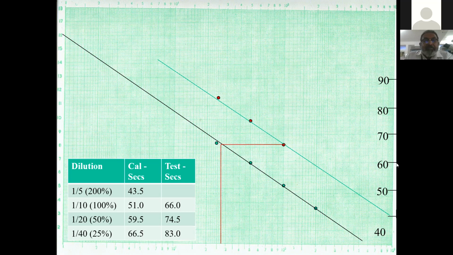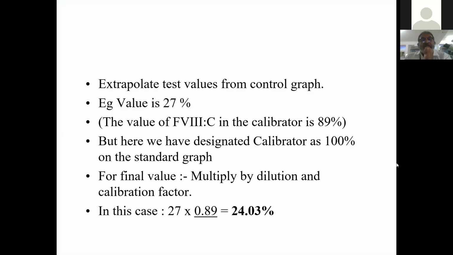But that is not enough because now you'll have to go back and see whether there are any calibration factors involved. So we know that the calibrator value that was used was 89%. But we assumed that everything is 100%. For the calibrator, 1 in 10 is 100%, 1 in 20 is 50%, and 1 in 40 dilution is 25%.